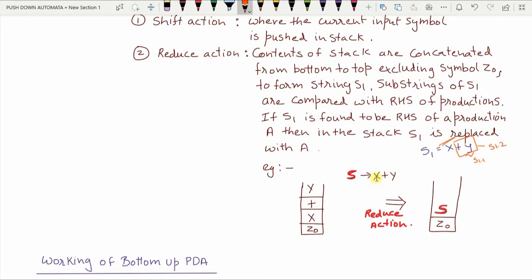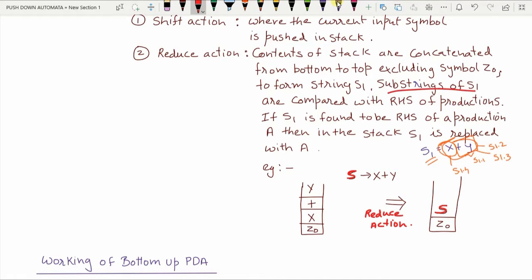Then x plus y, this whole thing, could be the third substring 1.3, or only x could be substring 1.4. So these are the substrings of s1. Understood? So what it does: the substrings of s1 are compared with the right hand side of the production.